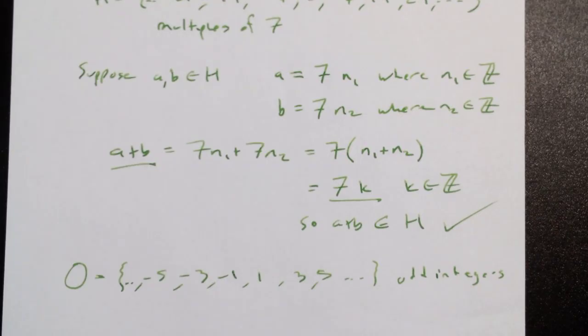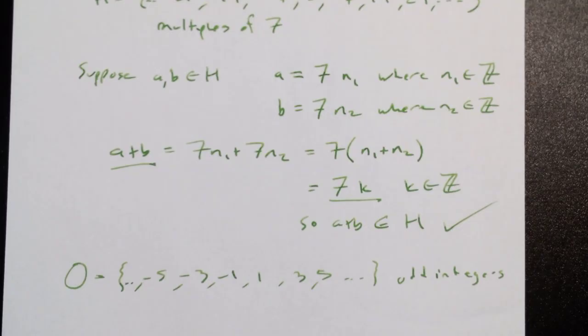Is this set closed under addition? Because if you add two odd numbers, what do you get? Well, just pick one example, add two of them, and it doesn't work, it's not closed.